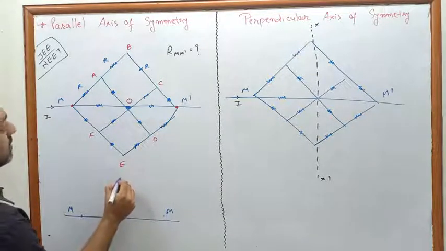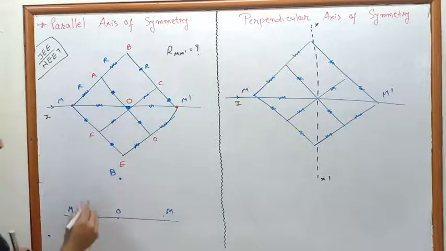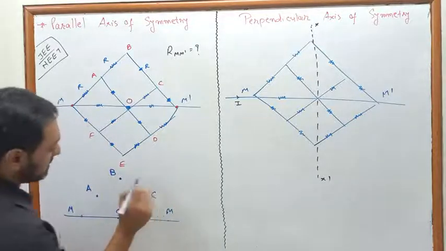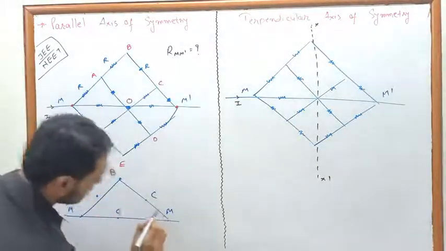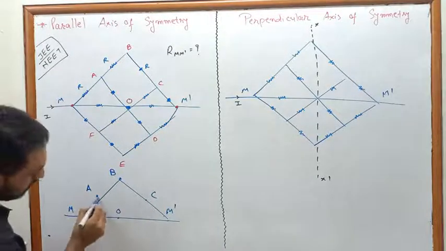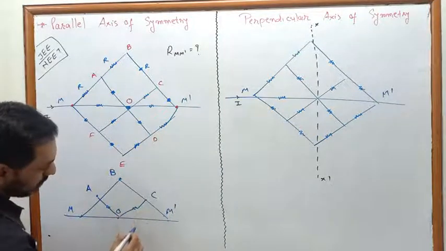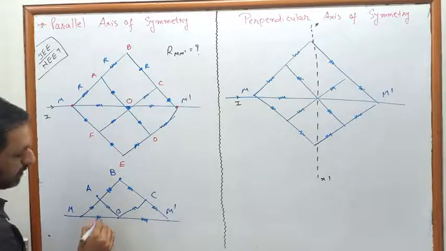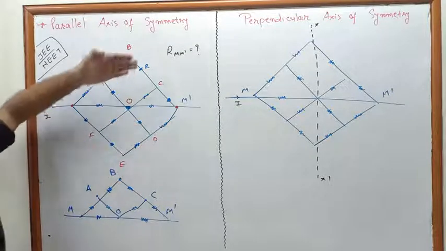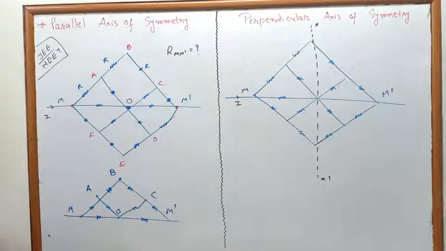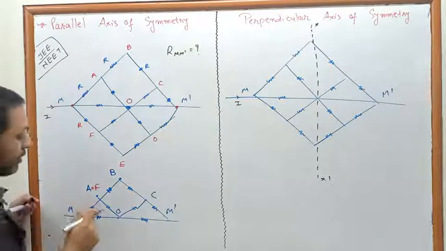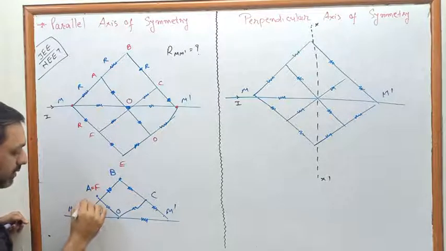This is point B. Over here, one more point A. Over here, C. Now, if you fold the network, A and F will be overlapped, means A is equal to F, and this R and this R will be in parallel, because the new network will be like this.